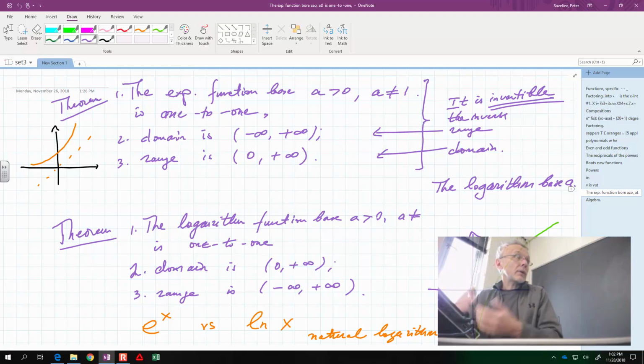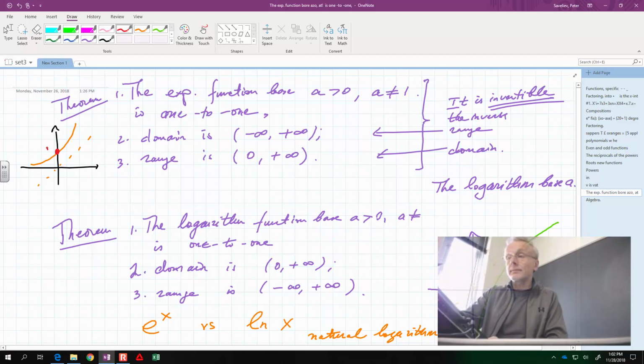As you can see, x becomes y and y becomes x, the domain becomes the range, and the y-intercept of the exponential function at 1 becomes the x-intercept. Everything is flipped.